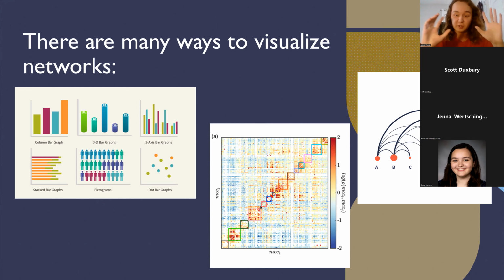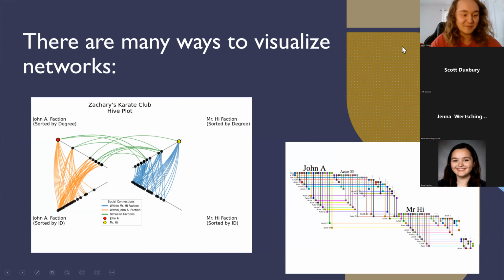And so increasingly we're going back to boring old tables. But we also have here heat maps of matrices and arc diagrams, which I have not used. And we can also do hive plots and biofabric graphs. I have no idea what these are. Honestly, they're too fancy for me, but they are different ways of visualizing networks.